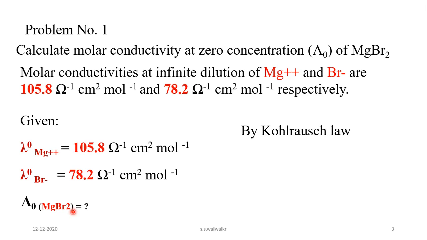So according to Kohlrausch law, lambda 0 is equal to n plus lambda 0 plus, plus n minus lambda 0 minus. First you have to write the ionization or dissociation reaction of the electrolyte.